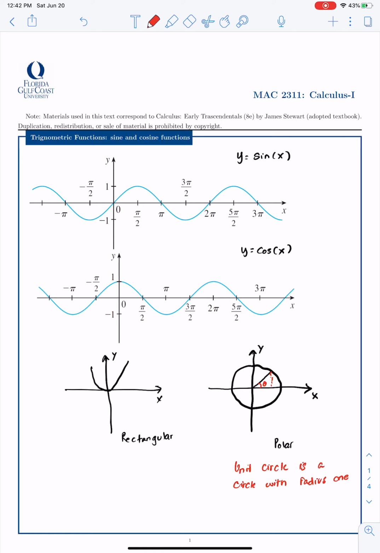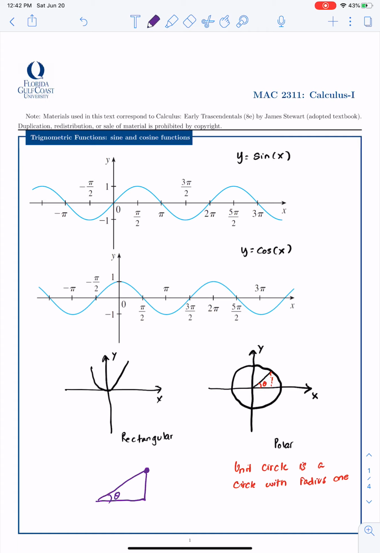So now I have a right-angled triangle. So I'm going to take that right-angled triangle and I'm going to draw it over here. So that is the point that we're looking for, and that is the angle theta.